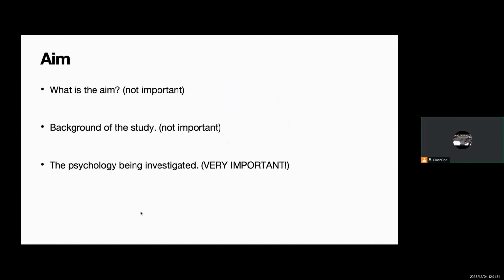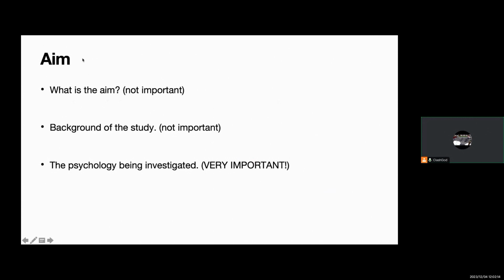Okay, let's talk about the aim. There are three parts that we need to know for the aim that might come up in the exam. However, the first two do not come up as often, not saying they do not come up. But the last one does, so I'll go with them one by one. First, we need to know what is the aim of the study.